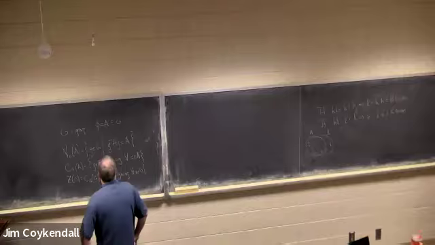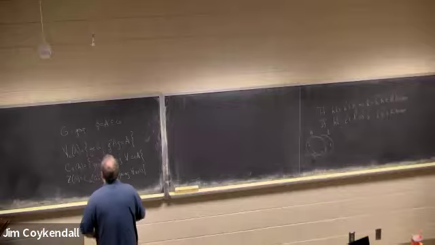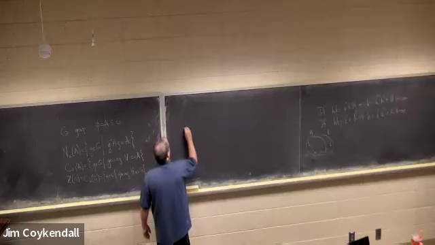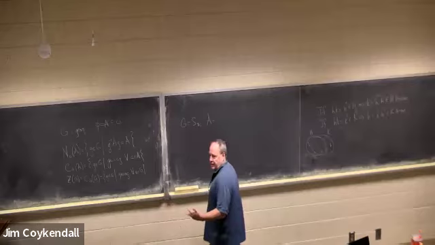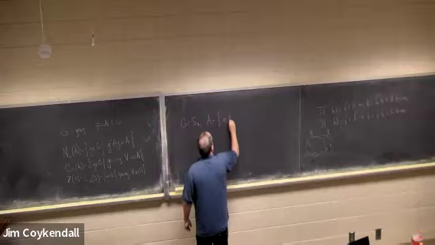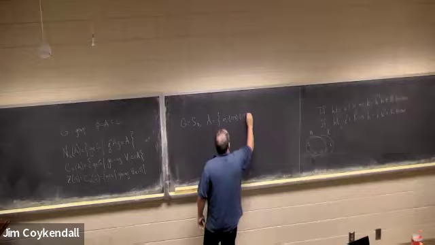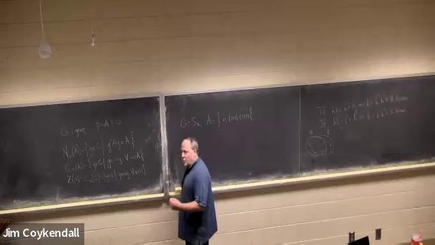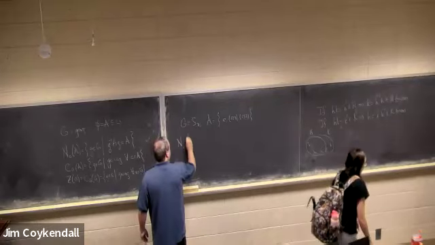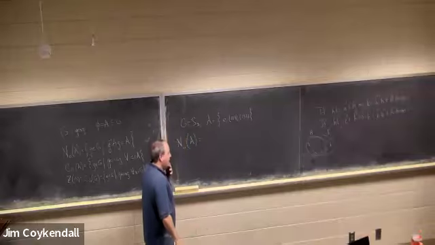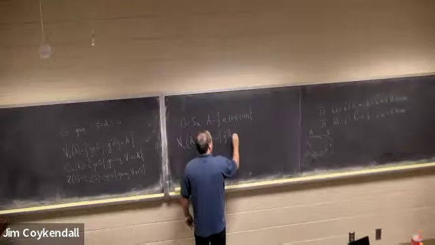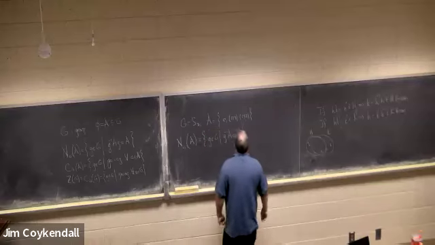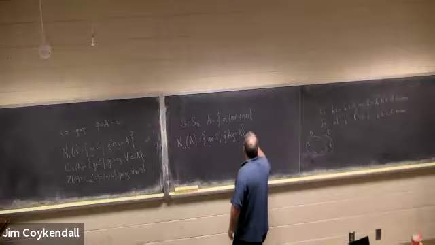Let A be a subset. So the normalizer in G of A is the set of every g such that g inverse A g equals A. And in this case, this is all g here.